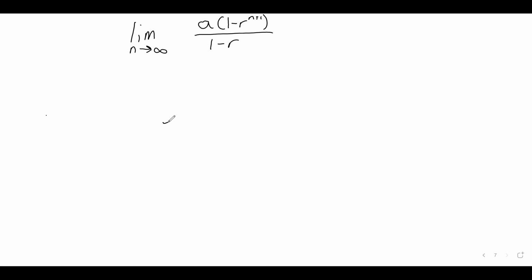As n goes to infinity, those two terms don't change, so we're just looking at 1 minus r to the n plus 1. And I guess more specifically, we're looking at r to the n plus 1. And as long as the absolute value of r is less than 1, this is going to 0.